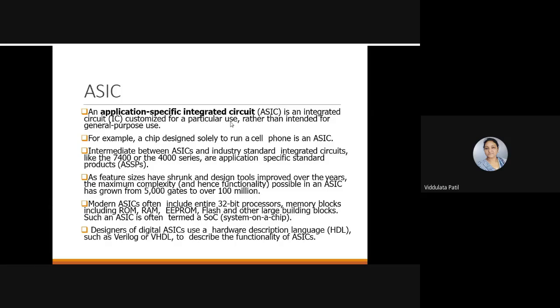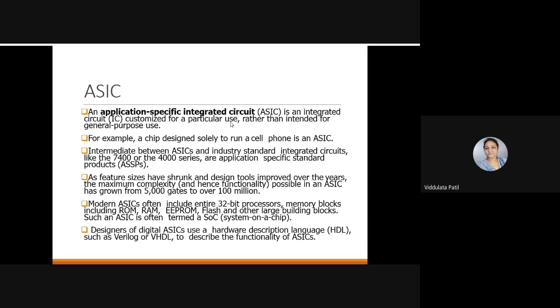Okay, so the designers of digital ASICs use a hardware description language, that is the HDL, such as Verilog or VHDL, to describe the functionality of the ASIC. So to describe how that IC should perform, we need to know about particular HDLs.